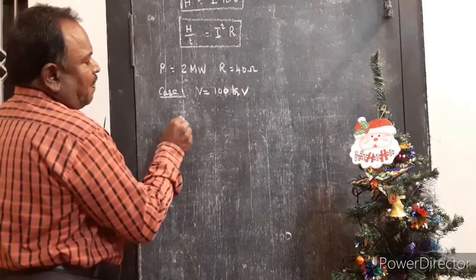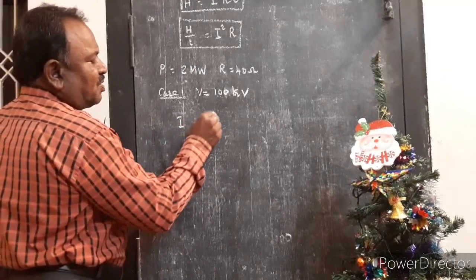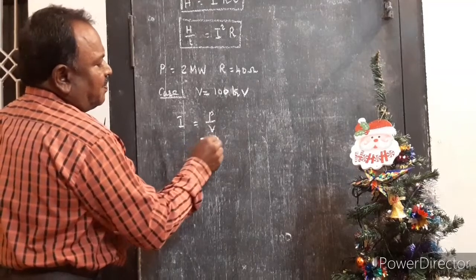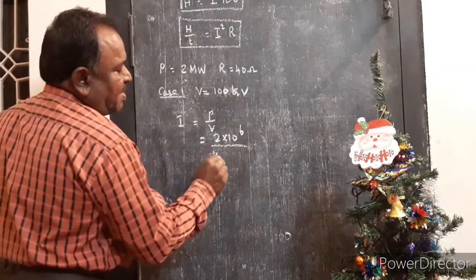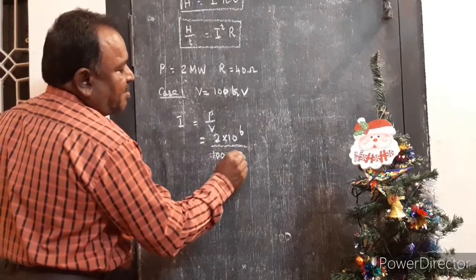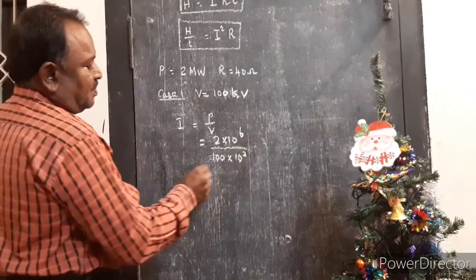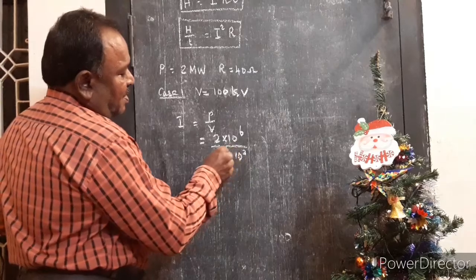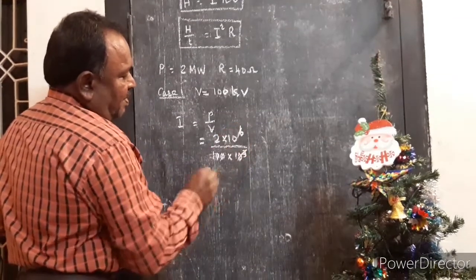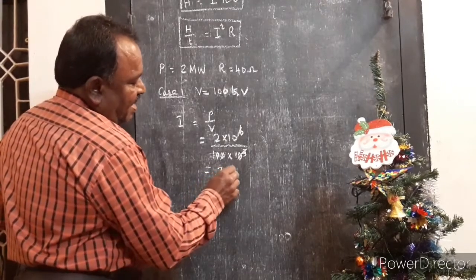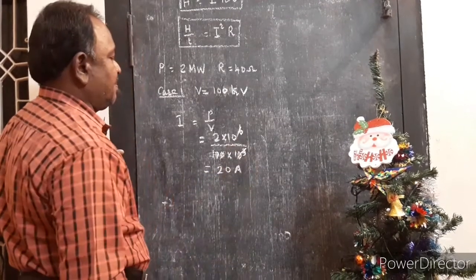So the current through the transmission line is equal to P by V, 2 into 10 power 6 by 100 into 10 power 3. So we will have 20 ampere.